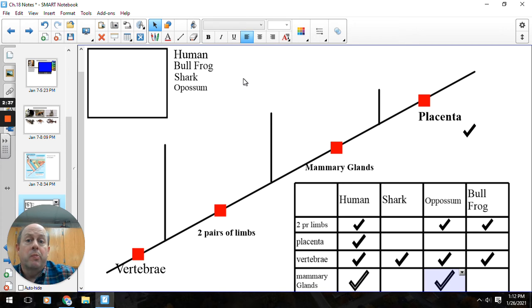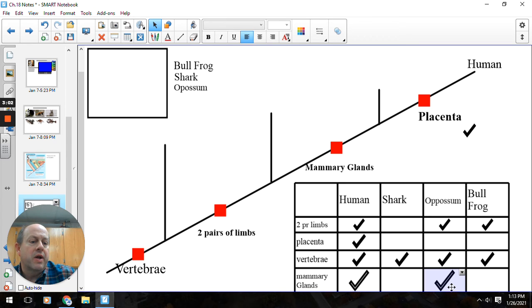When we go to put our animals down, we can start at the top if you want. We can put human because the human has all four traits, and so all four of these boxes are underneath. Then we have three traits for the next animal, but not the placenta. Which one would that be? Well, that would be our possum.